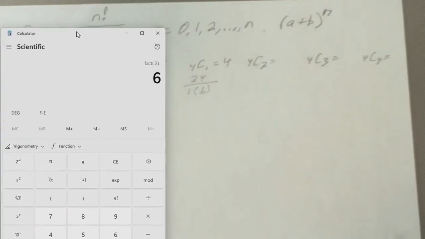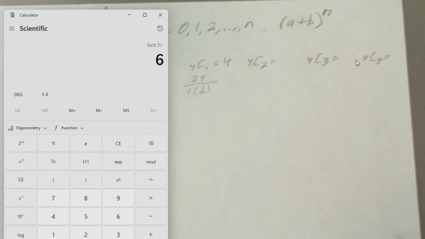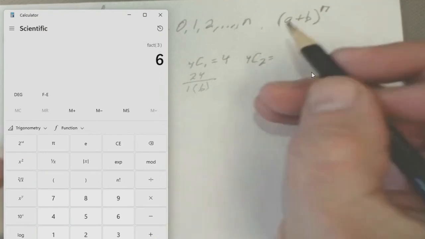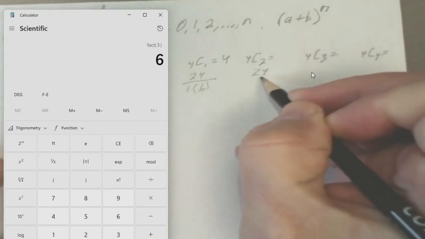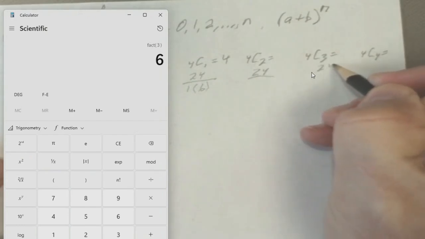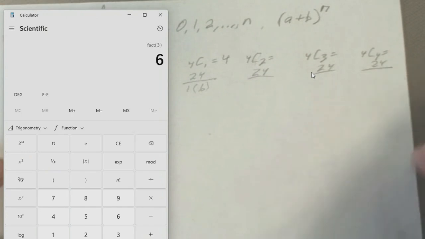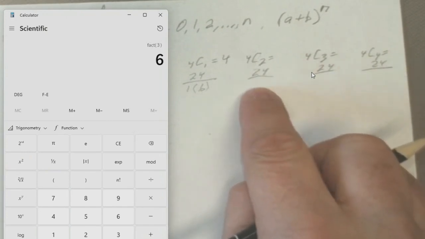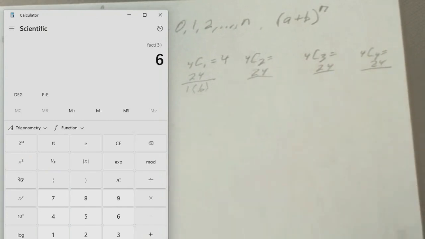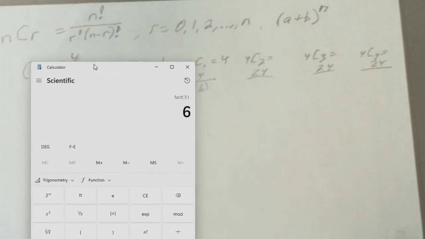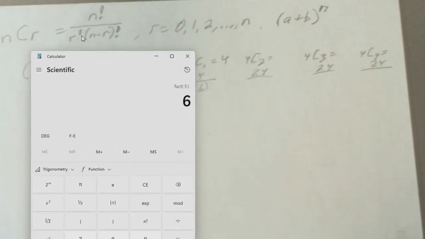Then we'll do the same thing with the rest of these. They're all going to be 24 on top, because that's 4 factorial every time. So that doesn't change. What changes is the number on the bottom. So now r is 2.